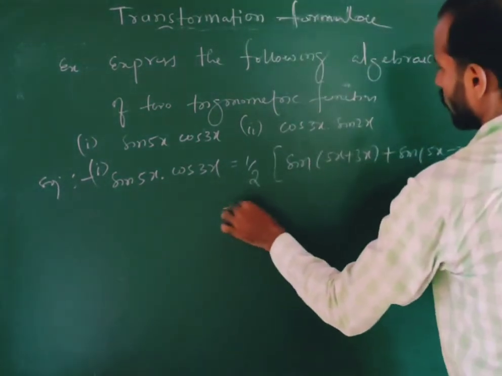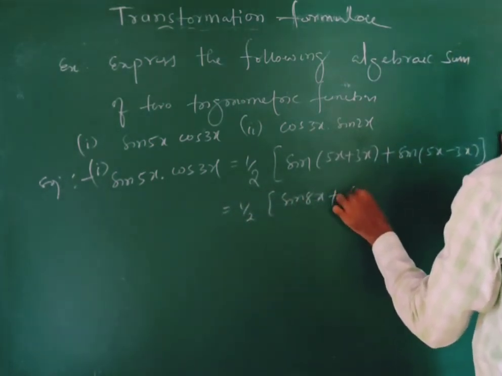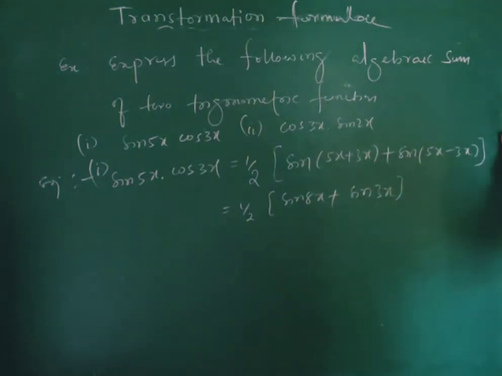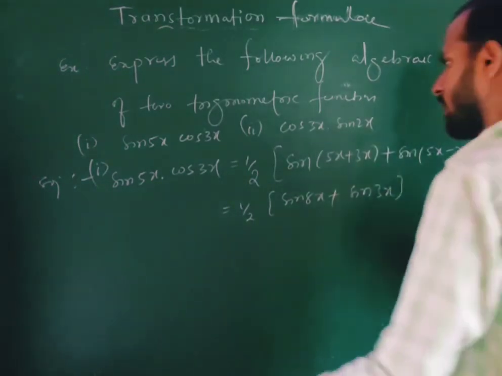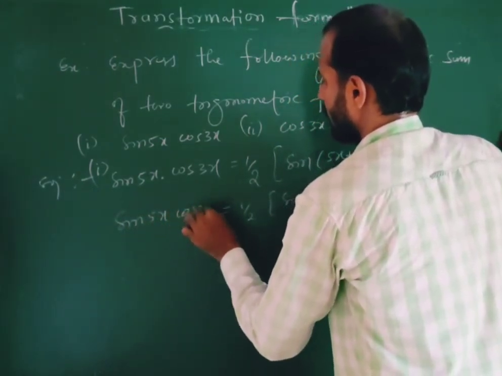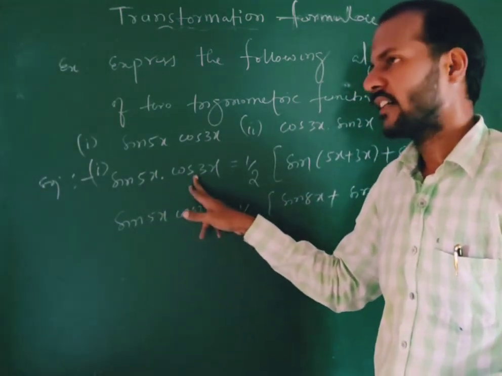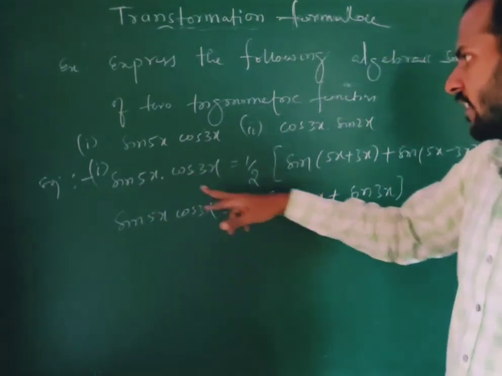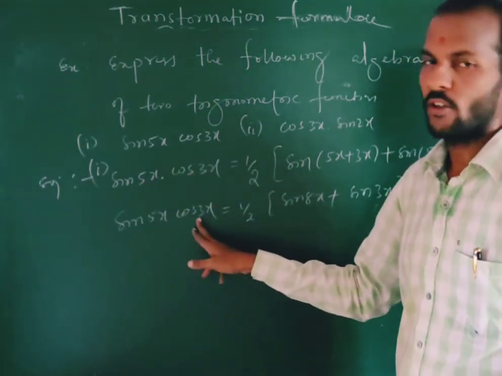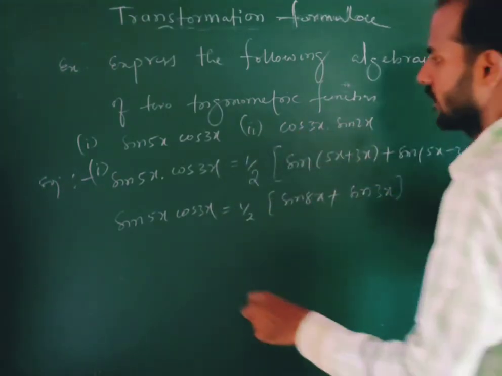Therefore 1 by 2 sin 8x plus sin 2x is the required answer, right? It is nothing but sin 5x cos 3x, the sin a cos b formula, right?